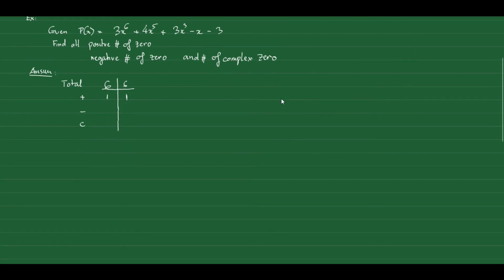How about negative? For negative, we have to do P of negative x. We get 3x to the 6, 4x to the 5th with negative, 3x to the 3rd, plus x minus 3.